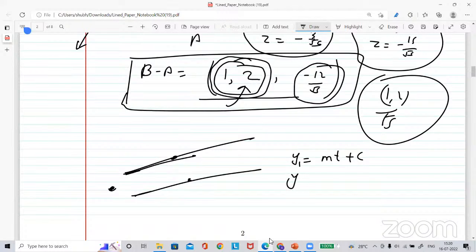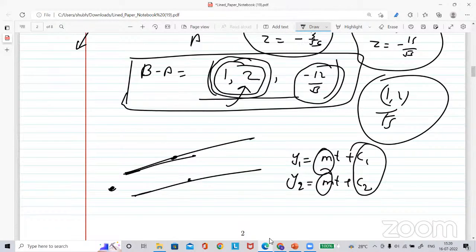If these two lines are parallel, this is going to be c1 and this is going to be c2. The coefficients are going to be the same, only the plus side is going to be different for the parallel line in R2 also.